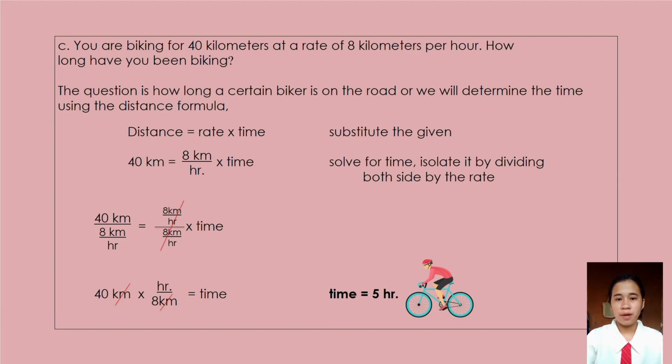Isolate it by dividing both sides by the rate. Cancel out the 8 kilometers per hour. The remaining is 40 kilometers times hour over 8 kilometers equals time. Cancel out the kilometers again, and the answer is time equals 5 hours.